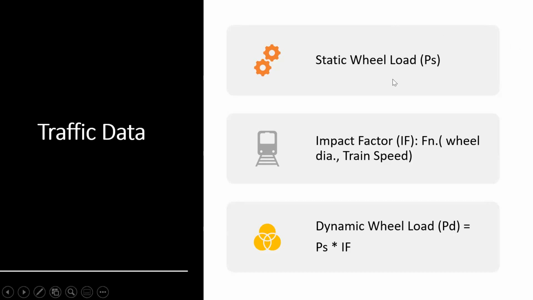Then the impact factor, and that's when the empirical approach kicks in, in a lot of the manuals and guidelines. The idea is how to convert your static load into what we call a dynamic wheel load. The purpose of the dynamic wheel load is basically to consider the fact that it's a moving load.